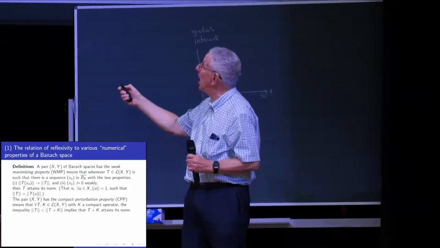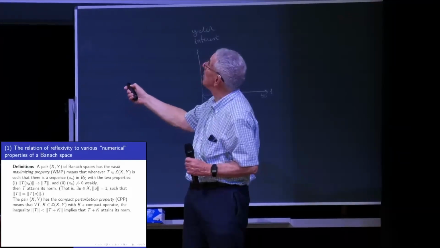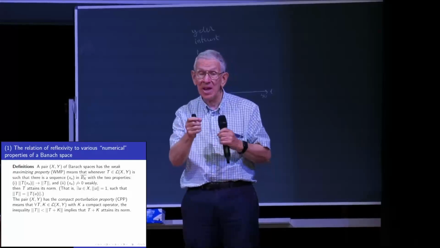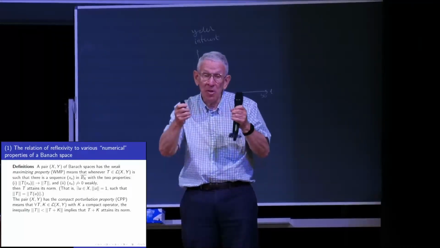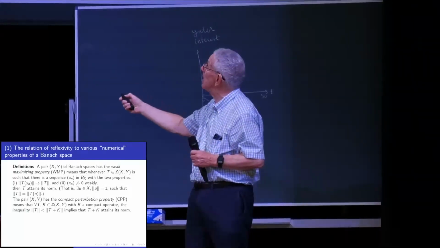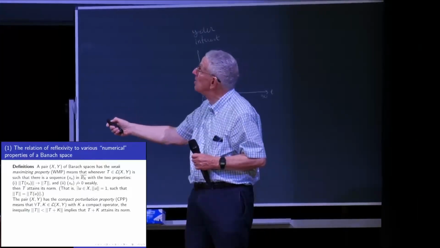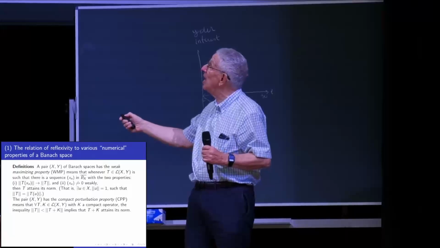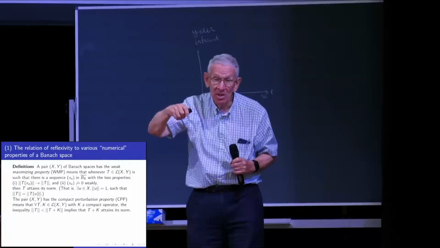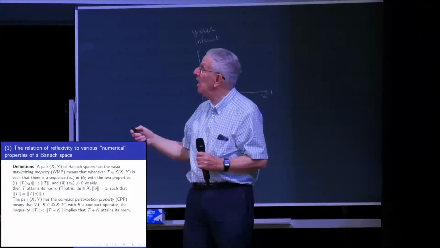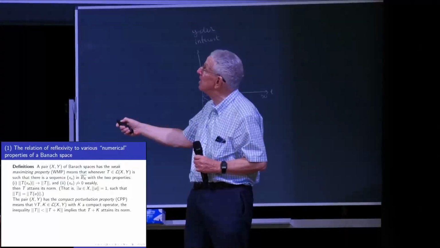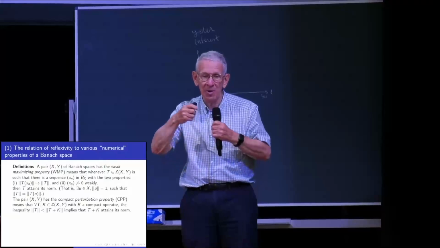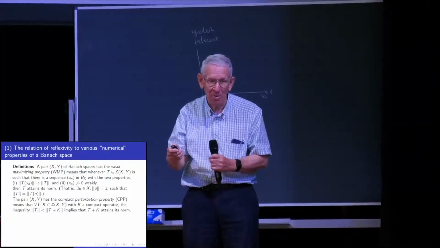You take any operator T from X to Y, and suppose that you have a sequence x_n in the ball such that T of x_n approaches the norm of T, and moreover, x_n itself does not converge weakly to 0. If that happens, then T attains the norm. Whenever that occurs, we have this weak maximizing property.